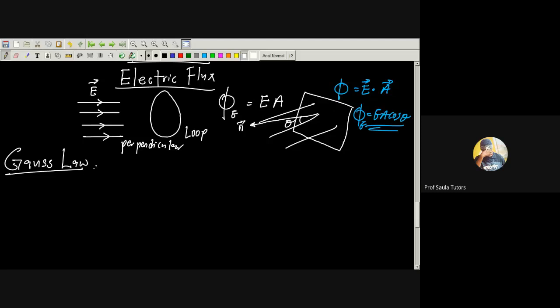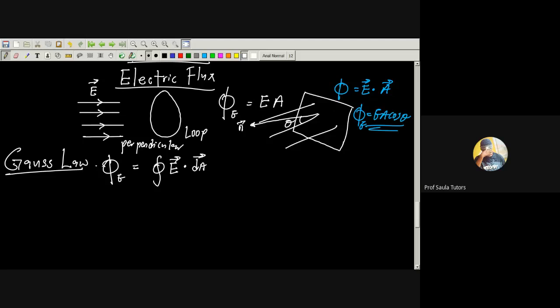And what does Gauss's law state? It says that the net flux phi through any closed surface is equal to the closed integral of the electric field vector dot the area vector. If I'm looking at a closed surface, I use this type of integral.